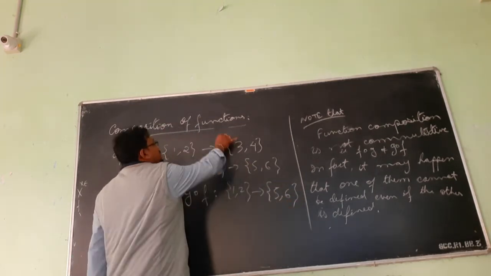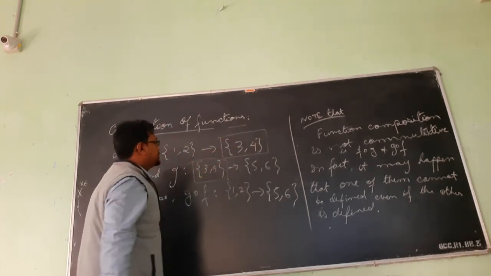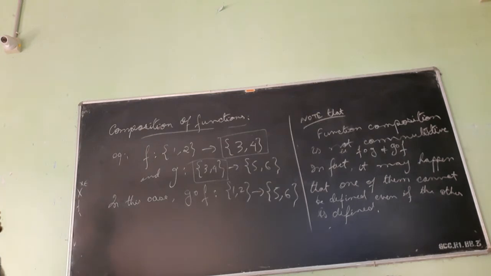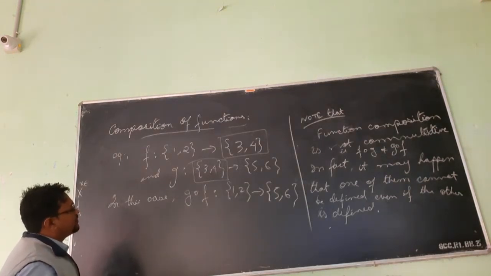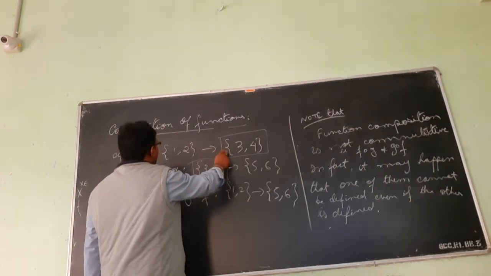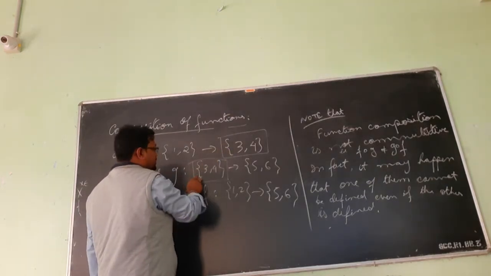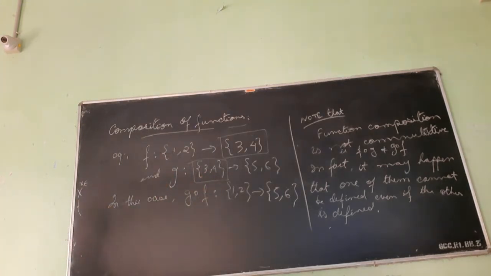When we define composition, this and this have to be the same, or at least this one should be a subset of this. Otherwise we cannot say.